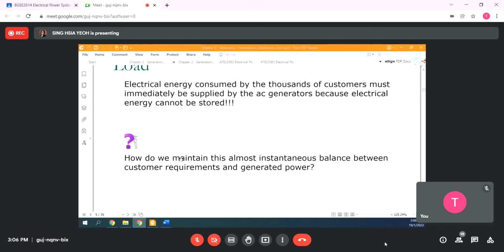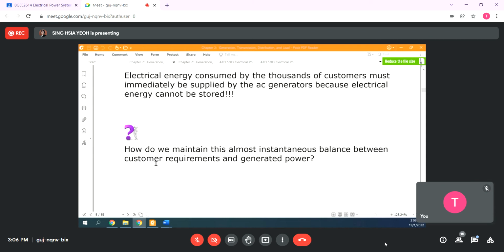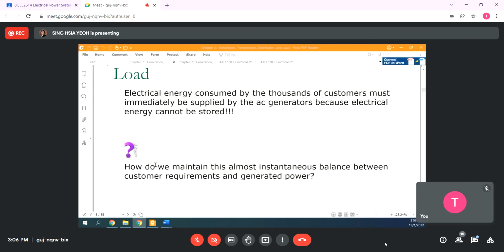For example, if I want to turn on my aircon, how can the power plants know that I want to turn on my aircon, and then straight away supply me the power instead of asking me to wait for maybe 5 minutes before my aircon can be on? How can they know the customer requirement almost instantaneously? So there must be something in the system to do this.